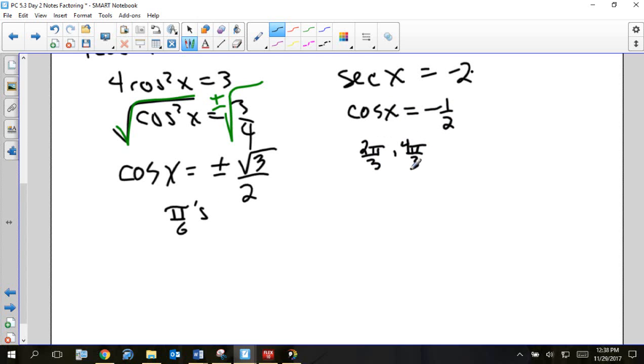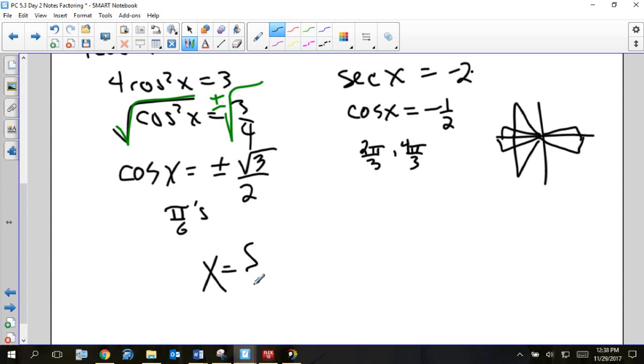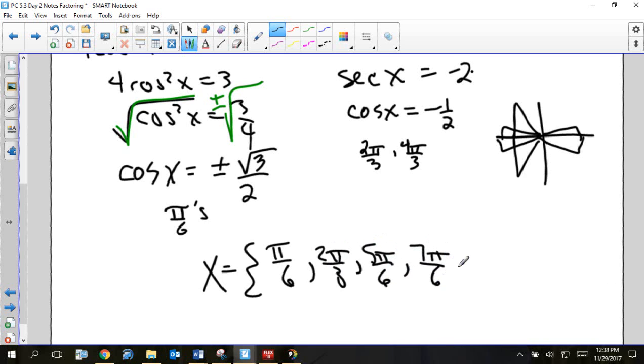So we've got 6 answers, and if you need to graph them to put them in order, feel free. So it'd be pi over 6, and it'd be 2 pi over 3, 5 pi over 6, 7 pi over 6, 4 pi over 3, 11 pi over 6.